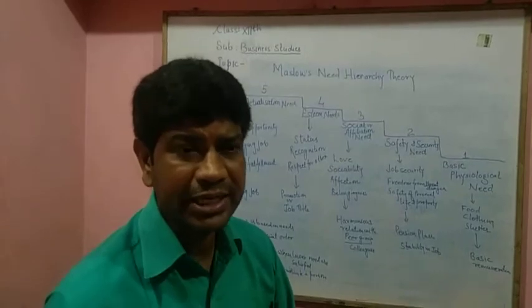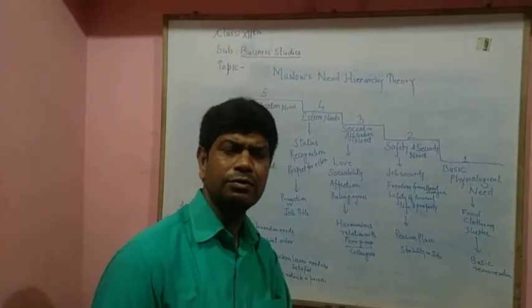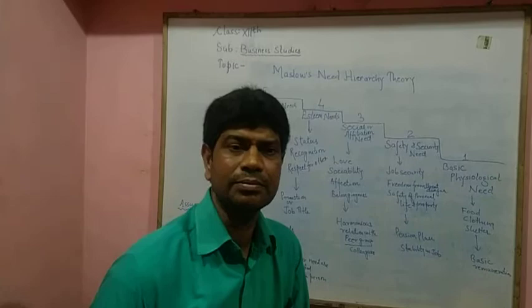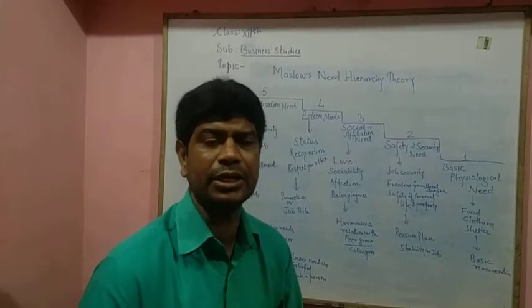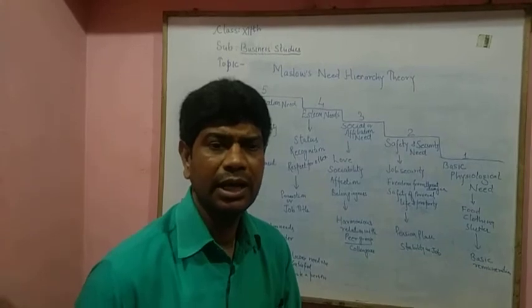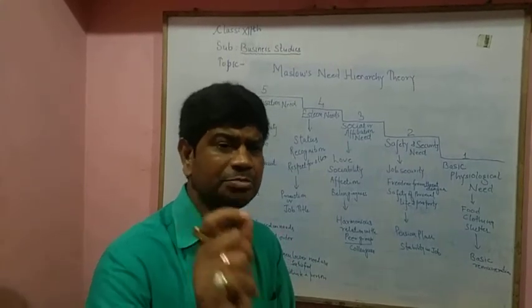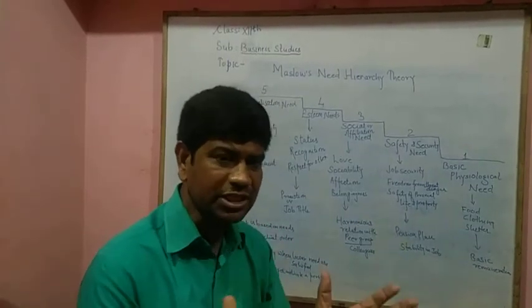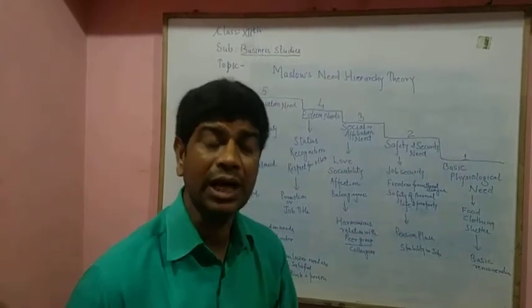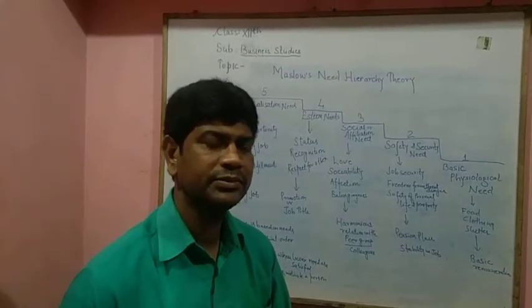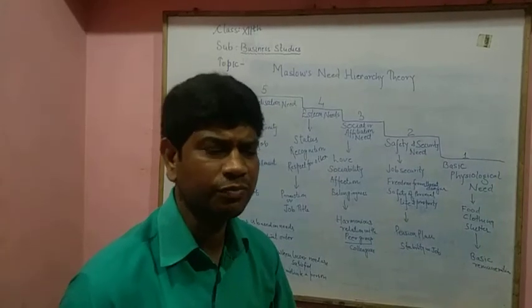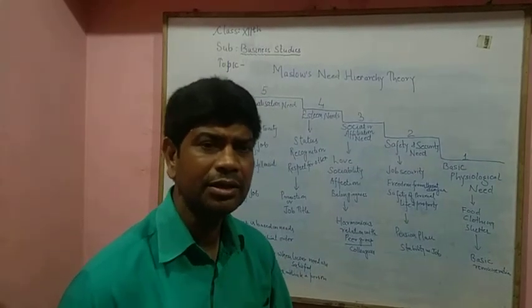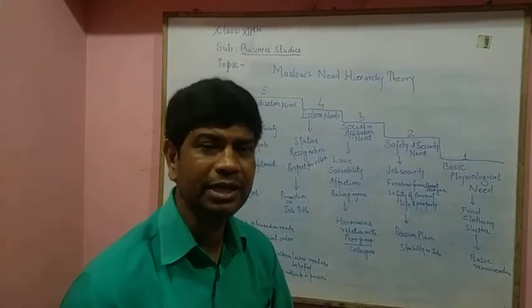Now, this is the need that we derive from our co-workers in an organization. They respect us, they give us love, they give us affection. And therefore, management must try not to restrict workers from mingling. Rather, they should promote that workers have a chance of interacting with each other, sharing their love, sharing their affections.